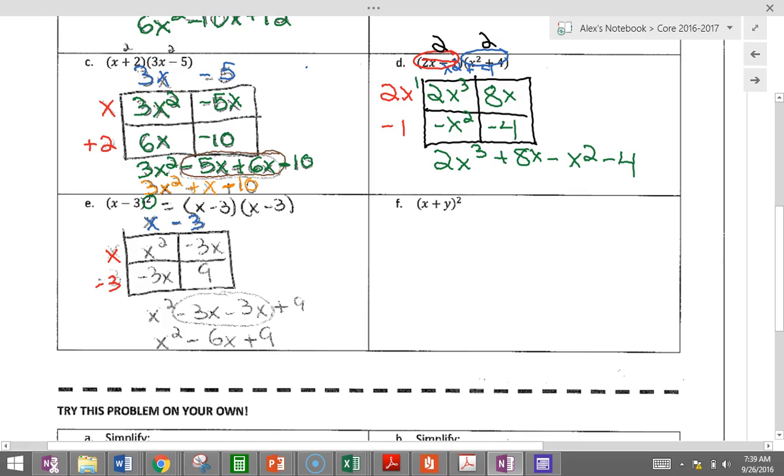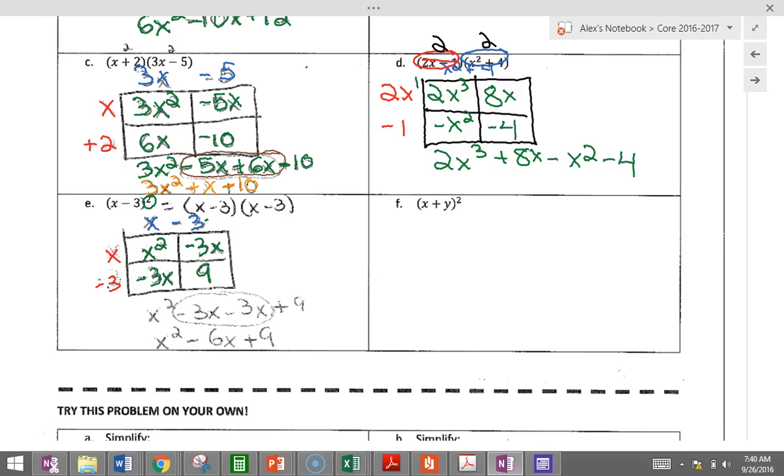So when I multiply on the inside, x times x is simply x squared. Negative 3 times x is minus 3x. Negative 3 times x is minus 3x. And negative 3 times negative 3 is positive 9.